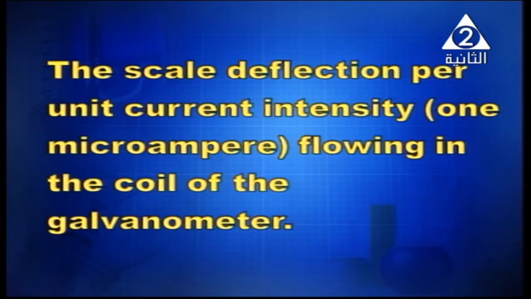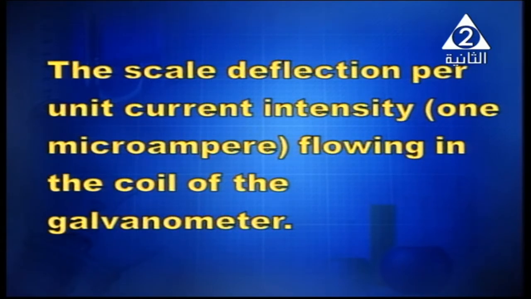And finally, what about the relation that gives the scale deflection per unit current intensity flowing in the coil of the galvanometer?